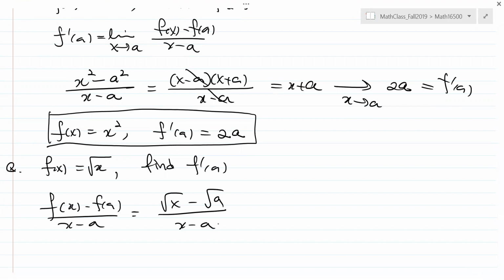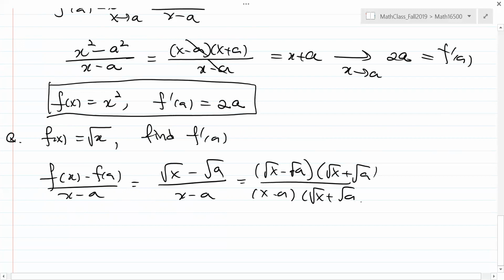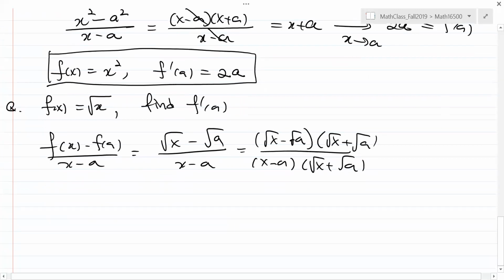So I try to cancel x minus a in the denominator. But how do I do that? Well, I multiply the numerator and denominator by square root of x plus square root of a. Then the numerator is going to be x minus a, and that cancels out.